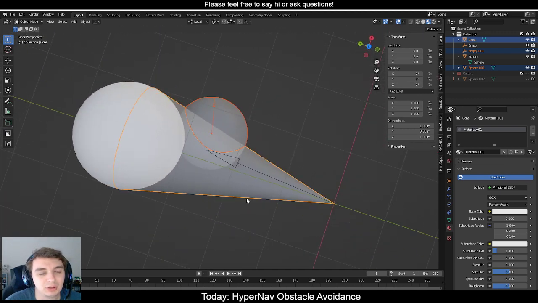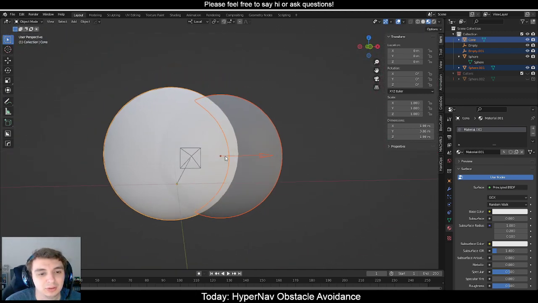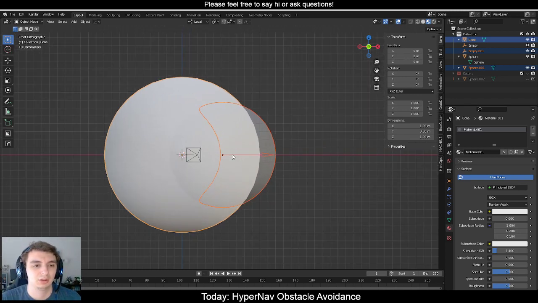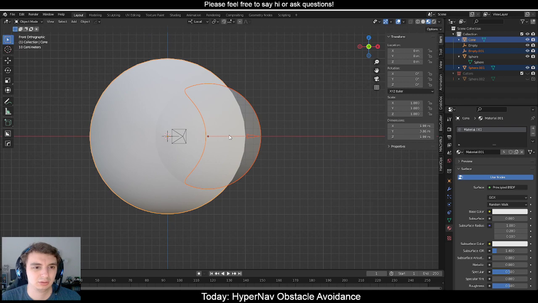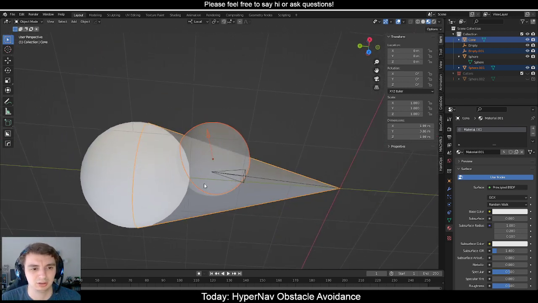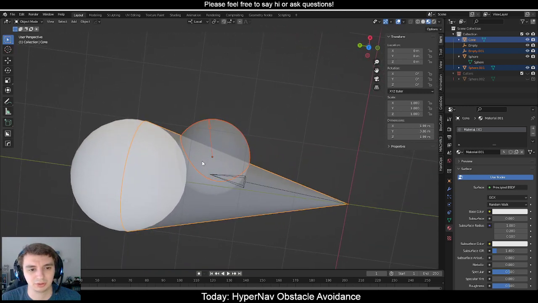This is getting a bit too complex. I'm starting to think that I might not be able to solve this geometrically. I might have to look at another approach, and also maybe have to go back to the article and see if they have a simpler approach for what I'm trying to do.